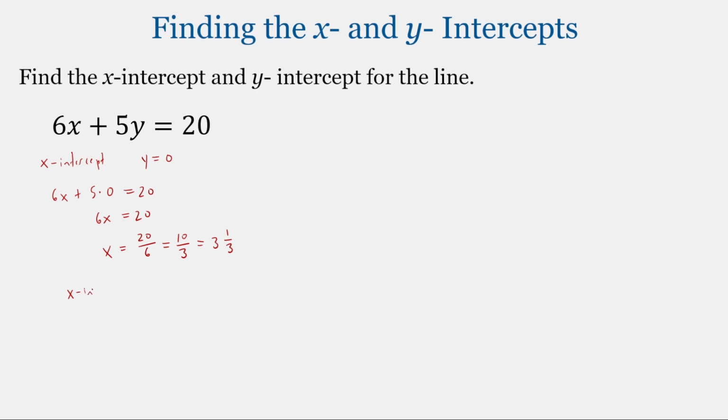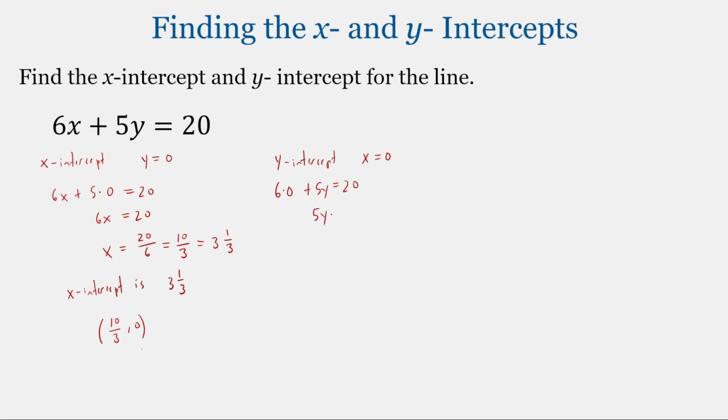So the x-intercept is 3 1/3. Or we can write it as an ordered pair, so 10/3, 0 with the improper fraction, or we can write it with 3 1/3. And then for the y-intercept, for all y-intercepts, the x value will be equal to 0. So this gives us 6 times 0 plus 5y equal to 20. So 6 times 0 is 0.